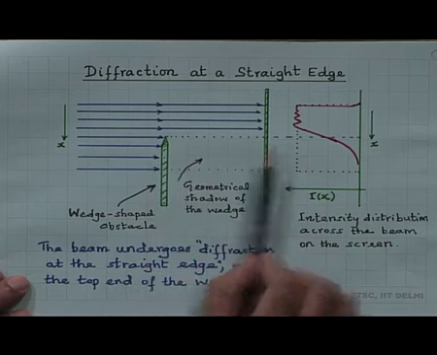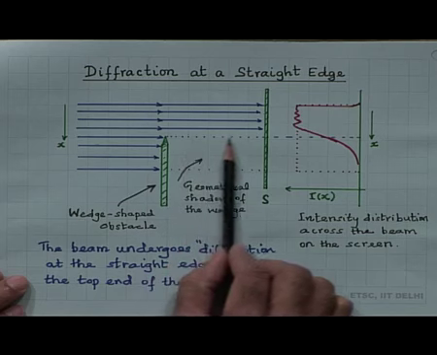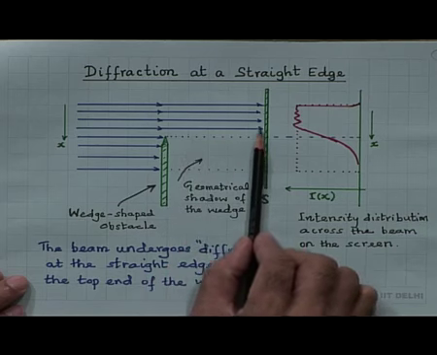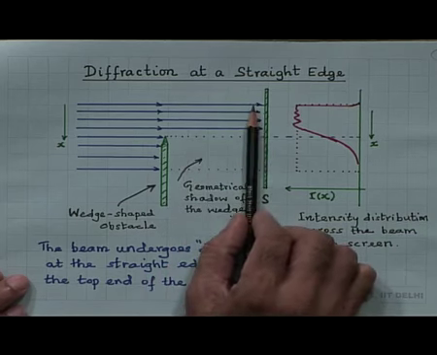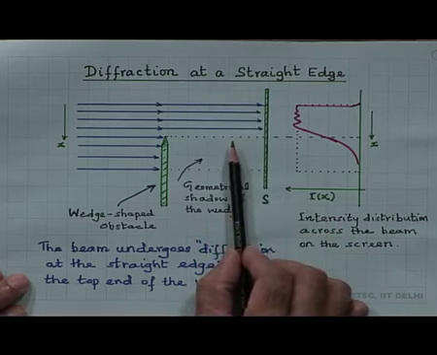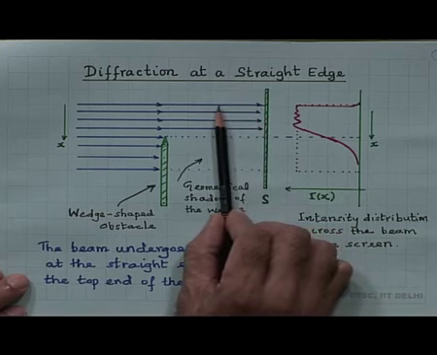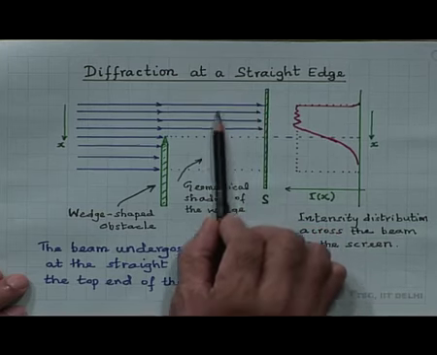Since we have considered a parallel beam, up to this we must have the shadow and above that we must have the bright region. In other words, the intensity distribution should be a step function: intensity is uniform across here and then here it is 0.